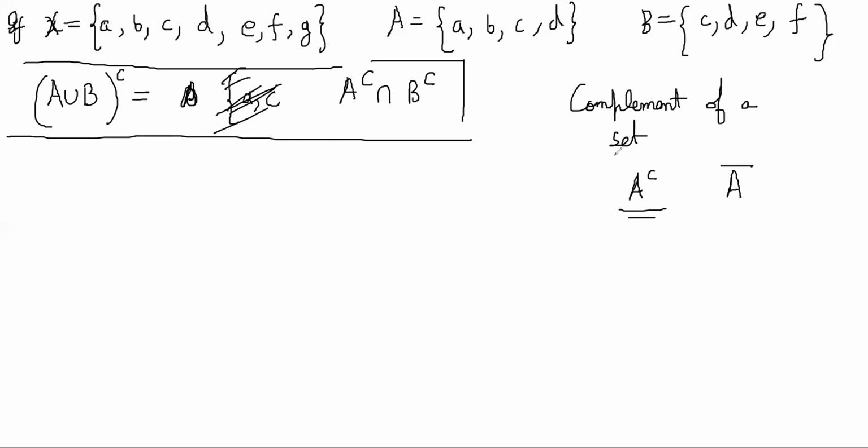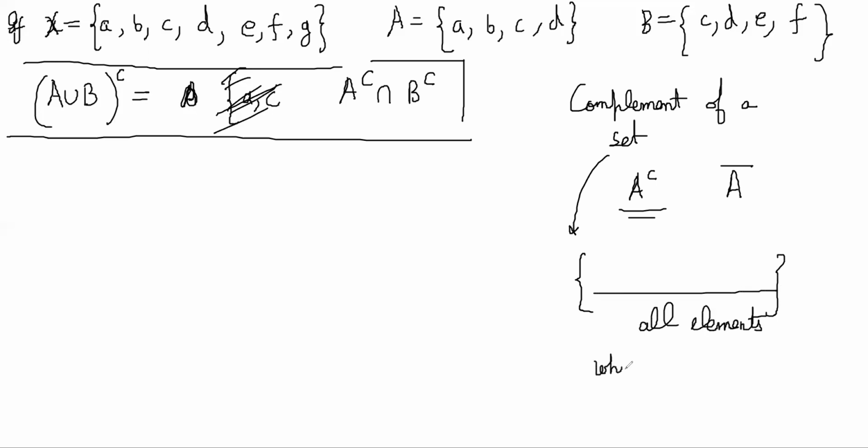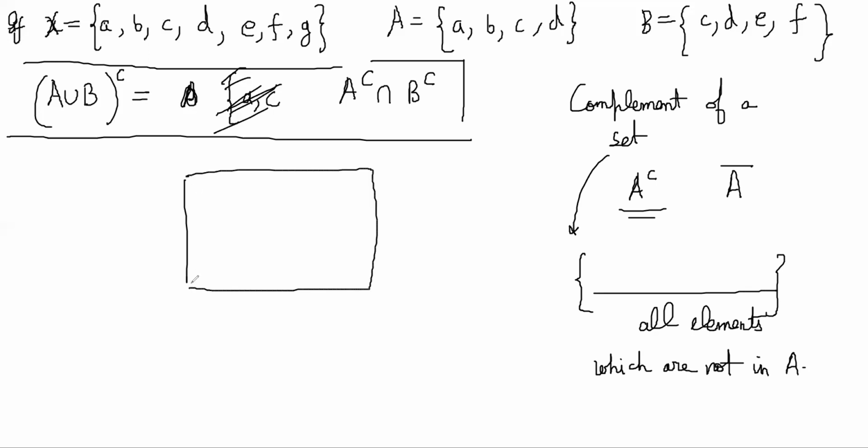This means another set which has all elements which are not in A. So basically, let's say we have a universal set, and this is small set A. Universal set means all possible values of the elements, right? So for example, here my universal set is from a to g, right?